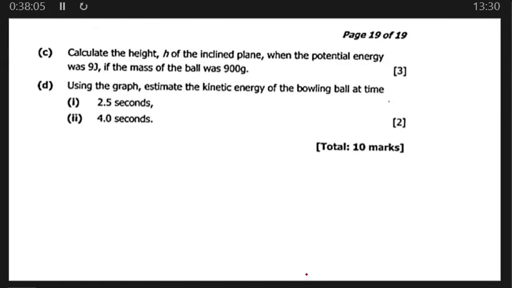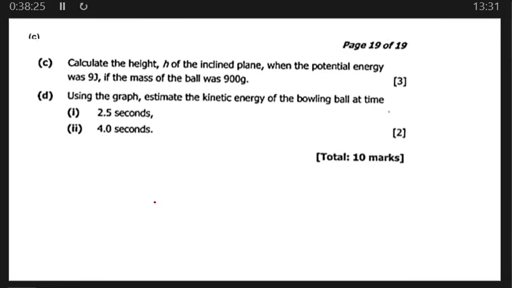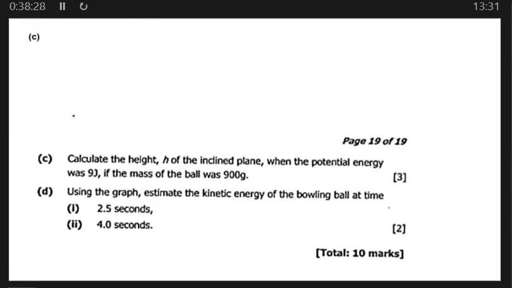The next question, which is C, says calculate the height h of the inclined plane when the potential energy was 9 joules if the mass of the ball was 900 grams. So here what we are going to do is, the diagram is like this.